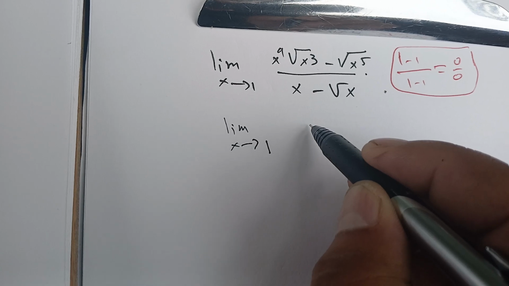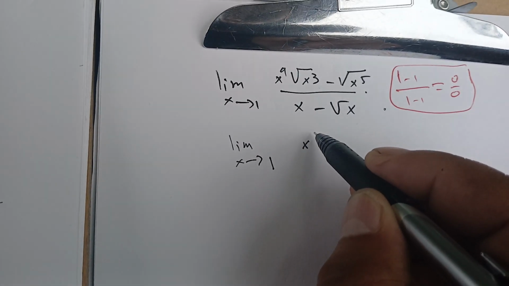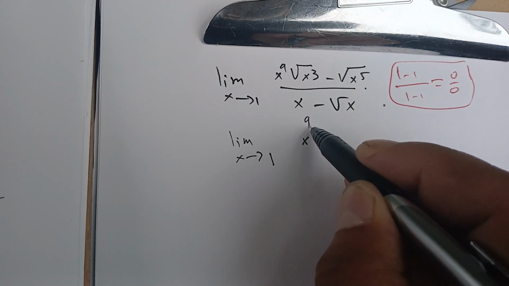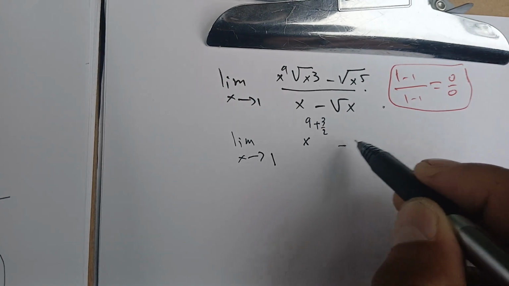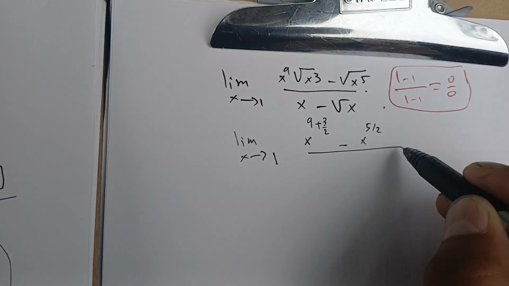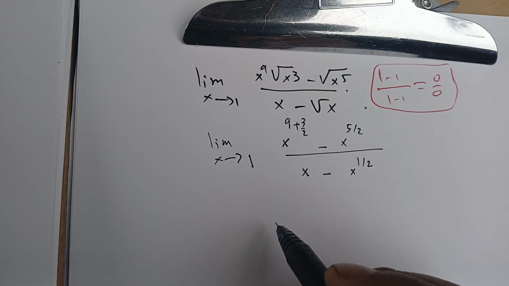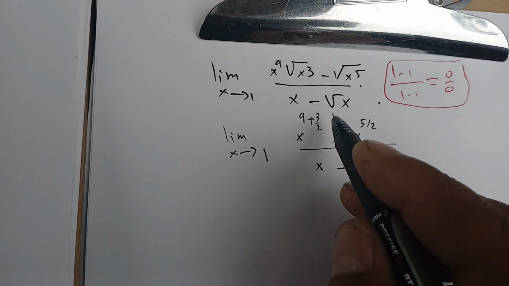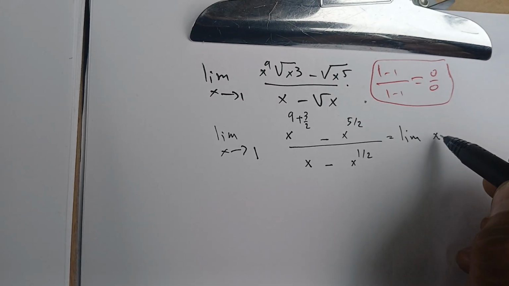So let's write it in terms of powers. So x to the power 9 plus 3 over 2 minus x to the power 5 over 2, over x minus x to the power 1/2. So let's do it one more time to see what's going on.